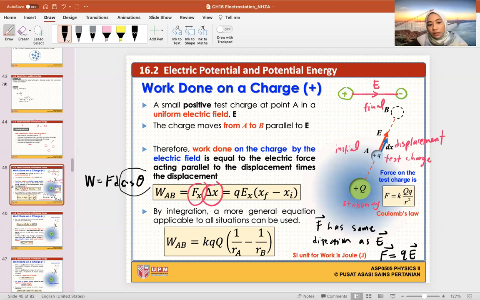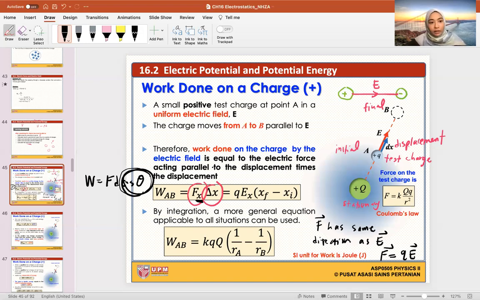You're wondering where did the cosine theta go? It's still there. The cosine theta is replaced by me saying that this force should be parallel to the displacement. Cosine theta is there to make everything parallel. It is not included here because they are already parallel.